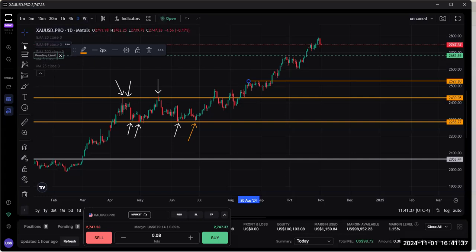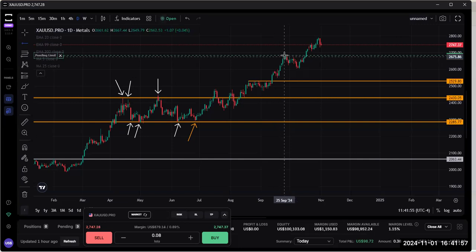I think one more area of interest on the daily time frame would be here, where you can see there's a green dotted line. I actually have placed a pending order there in case price comes down that way.